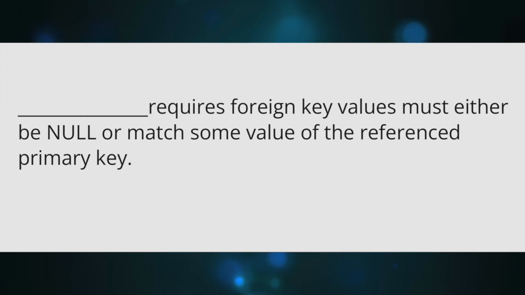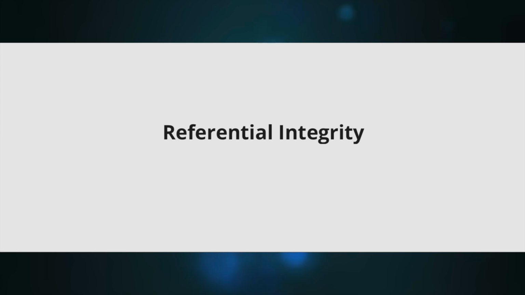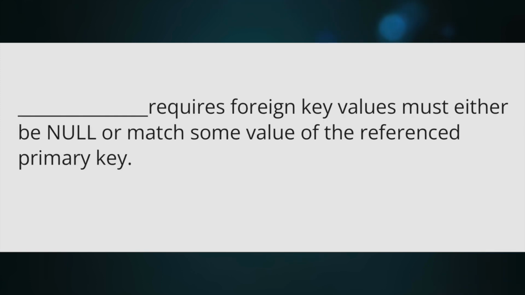Next one is blank requires key values must either be null or match some value of the reference primary key. So referential integrity. This one took me a while to get. It makes perfect sense to me. I just didn't remember it for whatever reason. But the best way to remember referential integrity is that it's saying that the values must be null, meaning if there's no value in it, it can't just be blank.